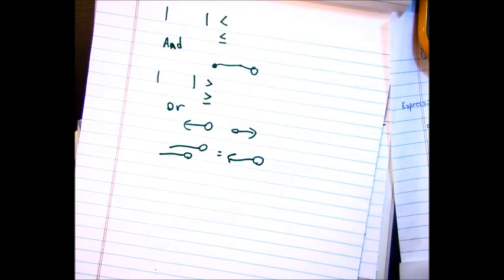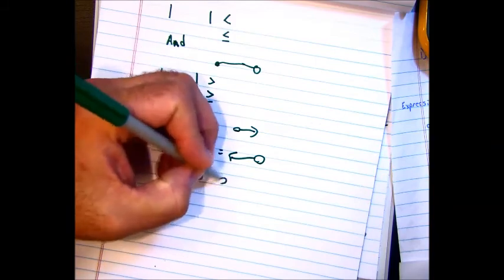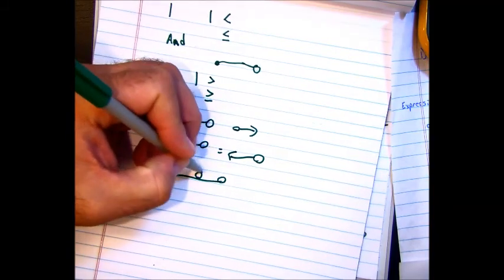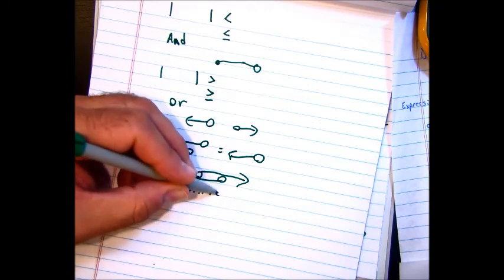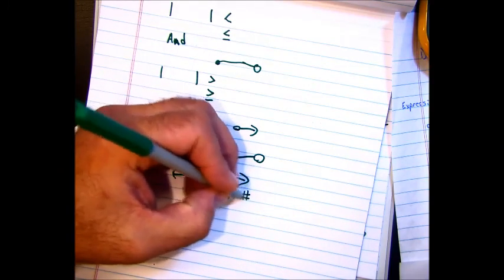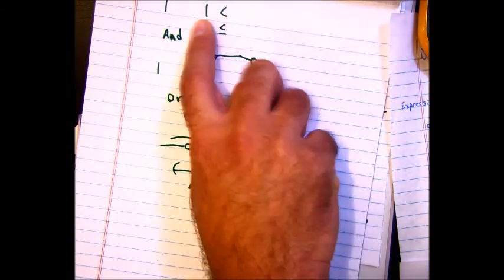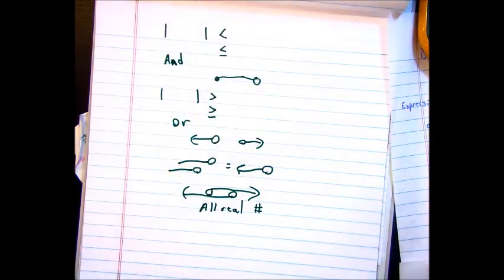Okay, we've talked about this with OR problems. Or it could be all of the numbers and they overlap like this, and then your answer is all real numbers. Okay, so understanding that the inequality sign with your absolute value tells you whether you have an AND problem or an OR problem. All right, work well.